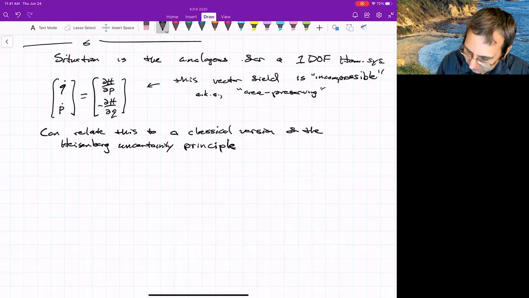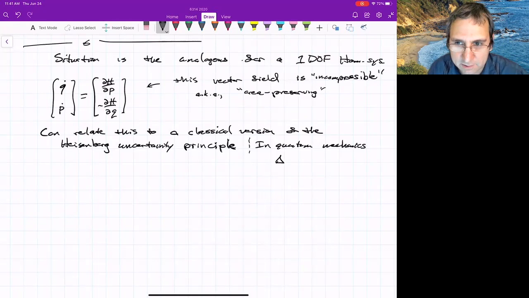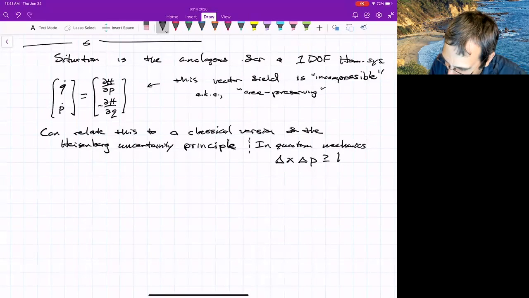Anyway, so in quantum mechanics, and I might have the details wrong, so don't get on my case, delta x, delta p is greater than or equal to something order 1 times Planck's constant. It might be like Planck's constant over 2 or something. But this is a constant.